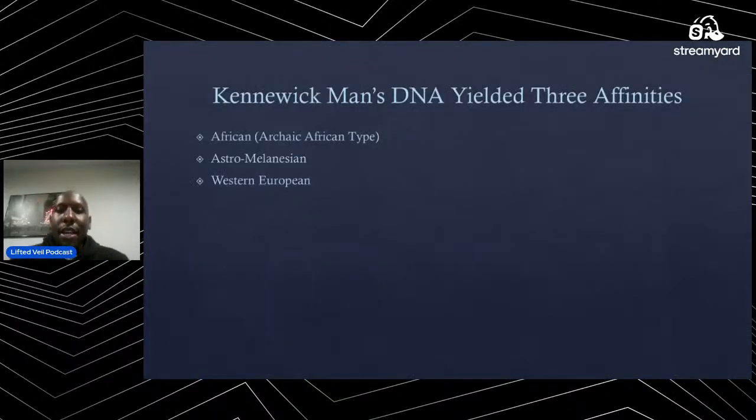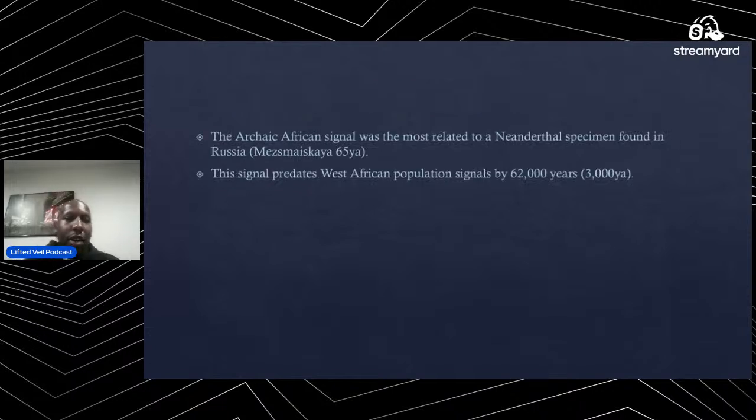Kennewick man's DNA yielded 3 affinities. African archaic type. Okay, again, that was found in the Mesmaiskaya specimen. Had Australo-Melanesian DNA and Western European, all of which we just went over in the past slides. The archaic African signal was the most related to a Neanderthal specimen found in Russia, Mesmaiskaya.